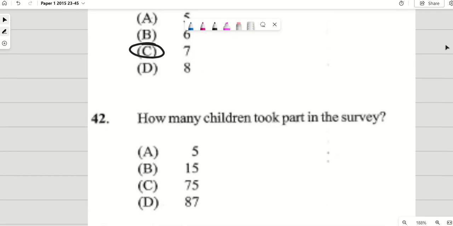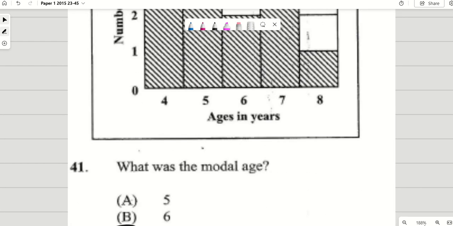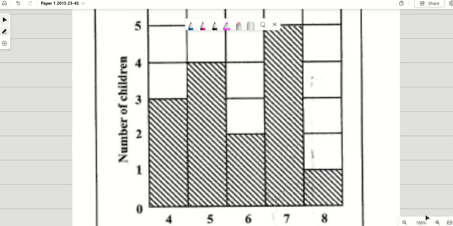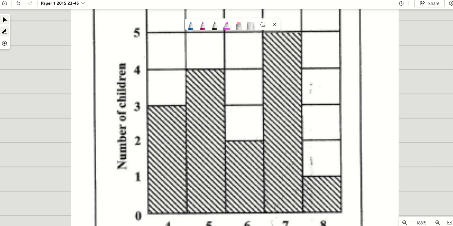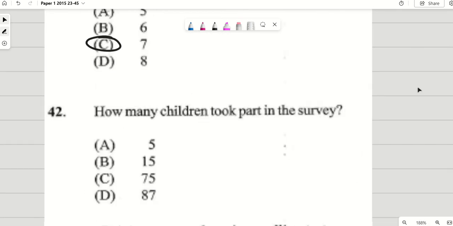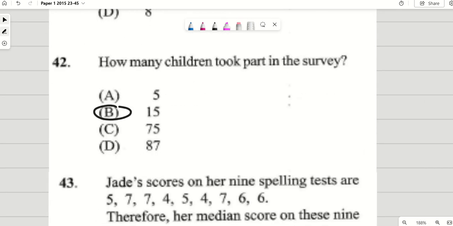Then we look at how many took part in the survey. The answer is 15 for this question, but let's just do it. This is 3 plus 4 plus 2 plus 5 plus 1. 3 and 2 is 5, 4 and 1 is 5, so you have 5 plus 5 plus 5, which is equal to 15. So again, this question is repeated a few times.